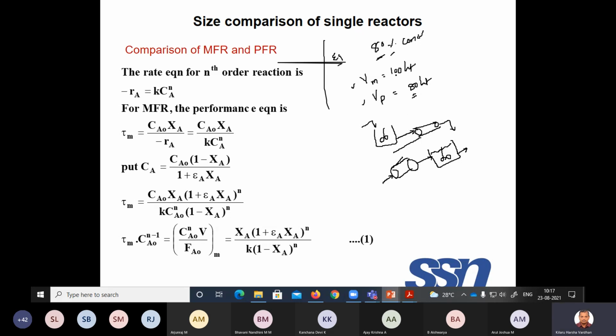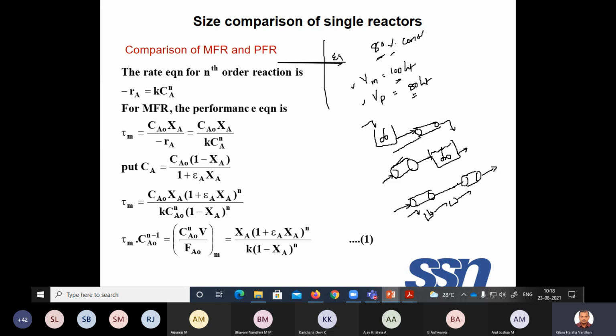So instead of one big reactor, you can keep one CSTR and one PFR, or one PFR and one CSTR, or two PFRs in series. What other combination will come? Or two mixed reactors in series, again going in and coming out.